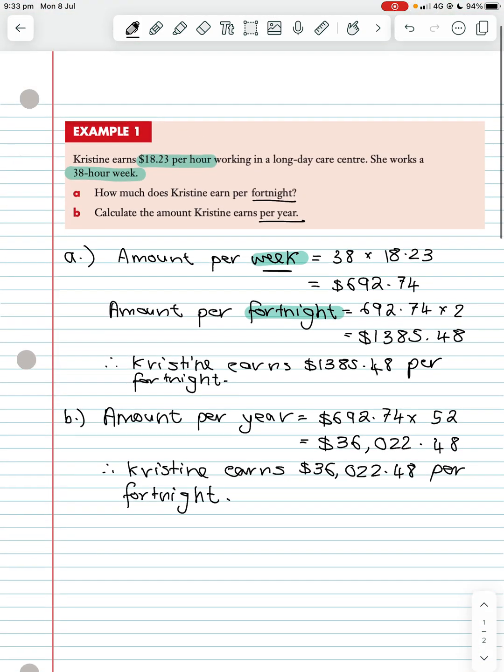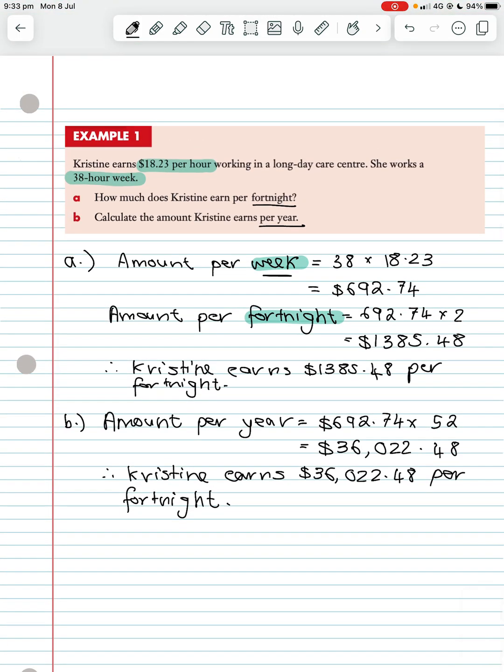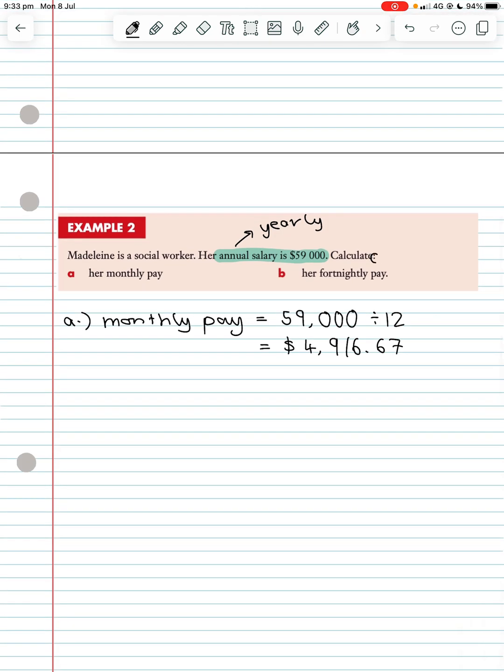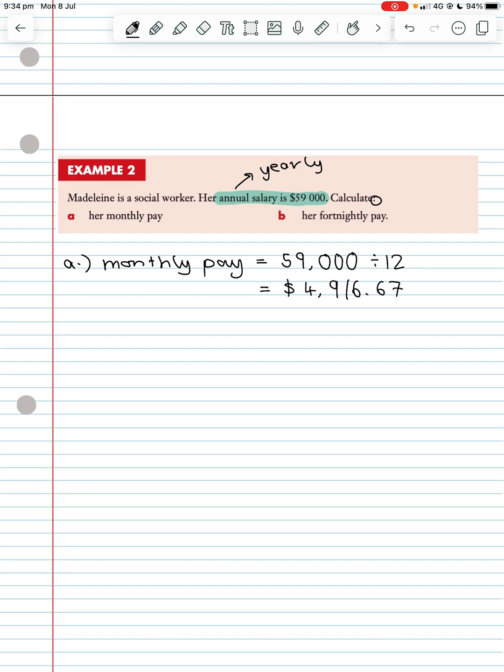Now, if we scroll back up, we can see that we've got this worded question, but then A and B are completely worded questions themselves. When we look at example 2, we don't really need to write a therefore statement. Yes, it is a worded question to begin with, but it carries on to part A, part B, and sometimes there can be way more parts than that. So you can just leave it as the $4,916.67.